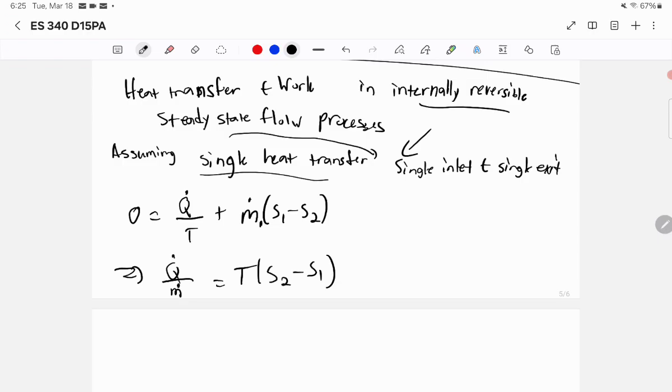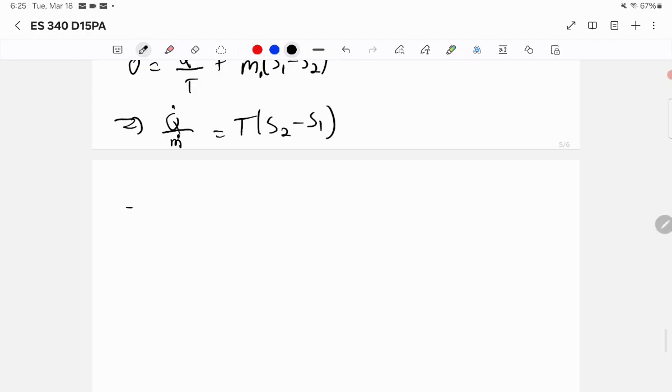This should kind of remind you of the TdS equations, right? Which is exactly what we were seeing before. Something like this.